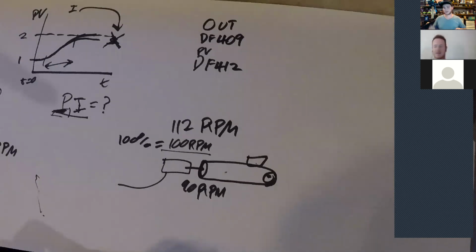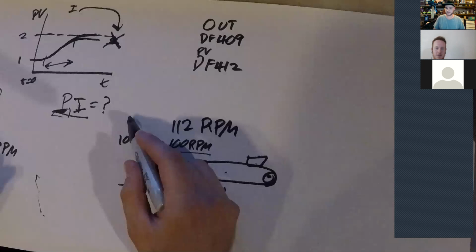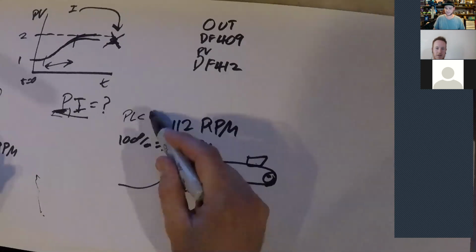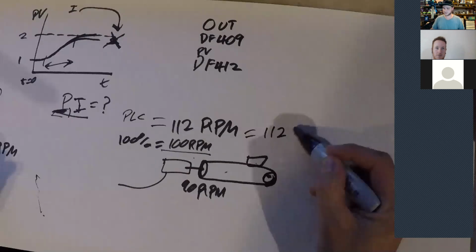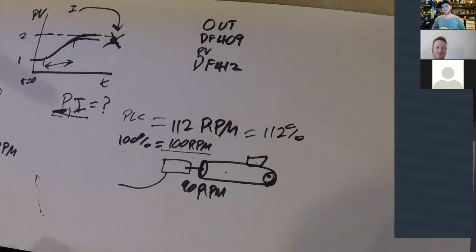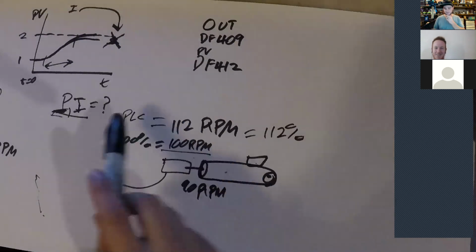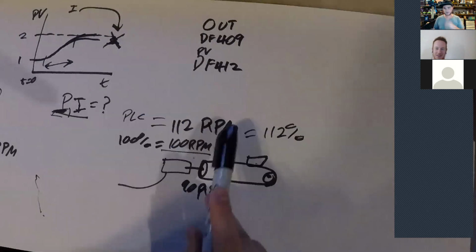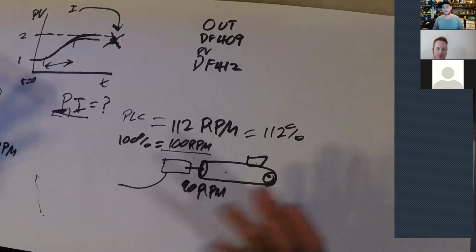But to achieve 100%, your controller is equal to 112% output, right? But again, this assumes that everything between your PLC and your motor can actually output over 100%. In our case, it can't.